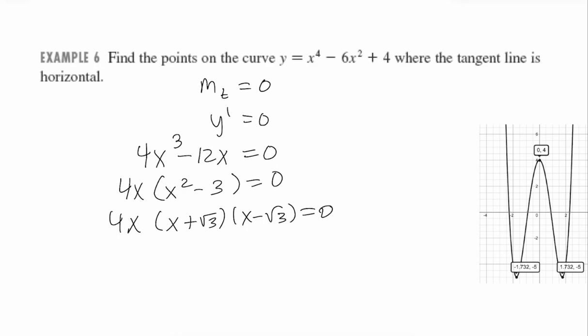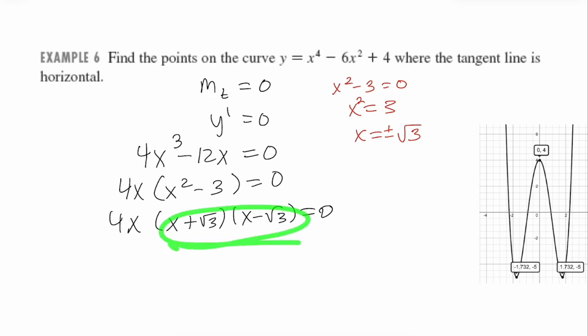Or you could just do x squared minus 3 equals 0 individually. But you guys tend to forget the plus or minus in front. So by using the difference of squares, writing it in two pieces helps students remember that there are two pieces.